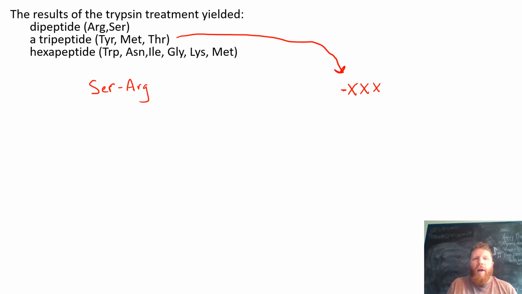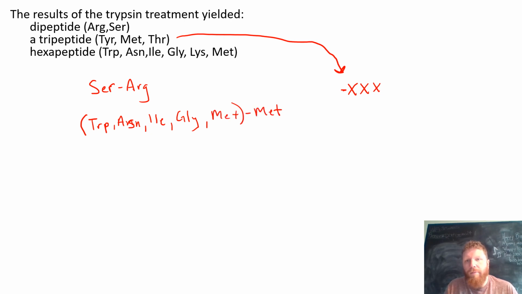Now, our hexapeptide, we don't know the exact sequence of this. However, we do know, and I can put this in parentheses, TRP, ASN, ILE, GLY, MET, close parentheses, MET.